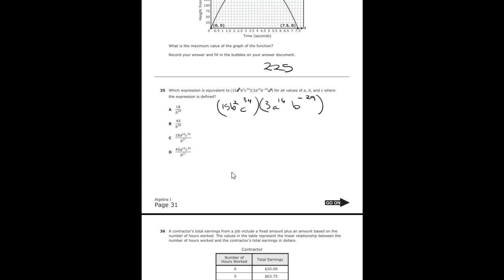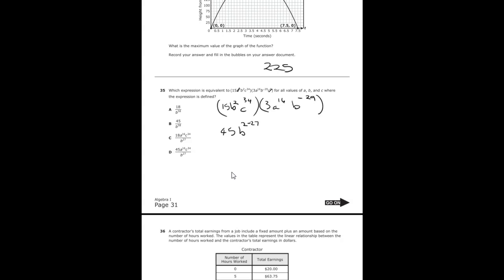So now let's go ahead and simplify. So 15 multiplied by 3 is 45. b squared multiplied by b to the power of negative 29, so it's 2 minus 29.